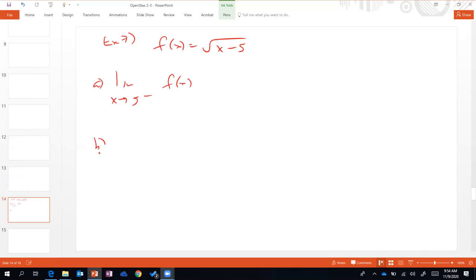I want to know as it approaches from the right-hand side, and the limit as x approaches 5. Then I think we're all ready to go.